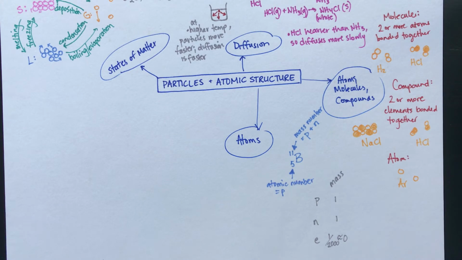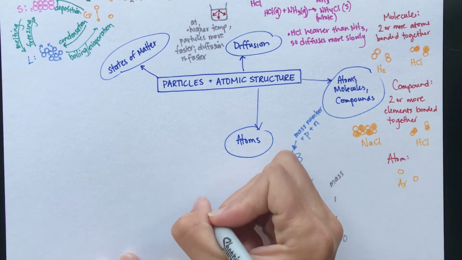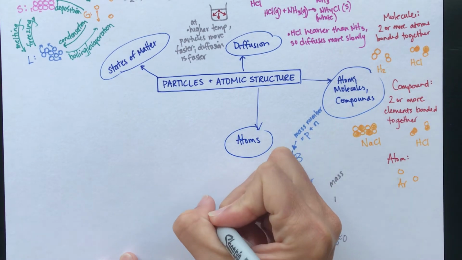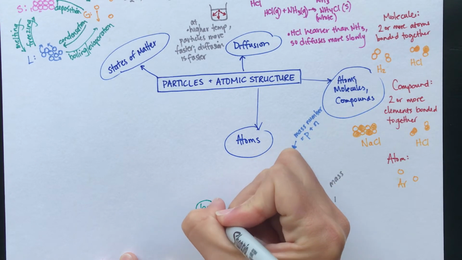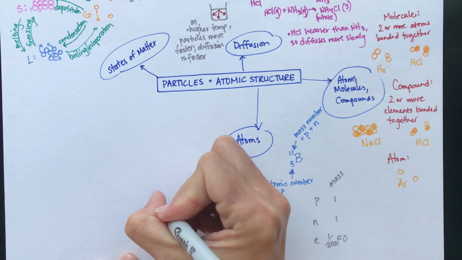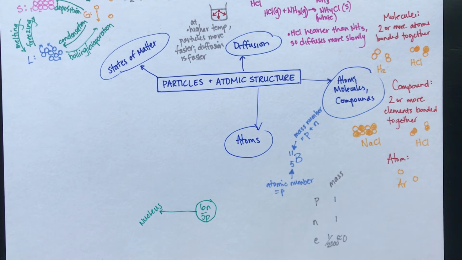So if we were going to draw an atom of boron, we would put 5 protons and 6 neutrons together in the nucleus. The nucleus is at the center of the atom. That's where all the mass is. So the next thing we need to add is our electrons, this third guy here.